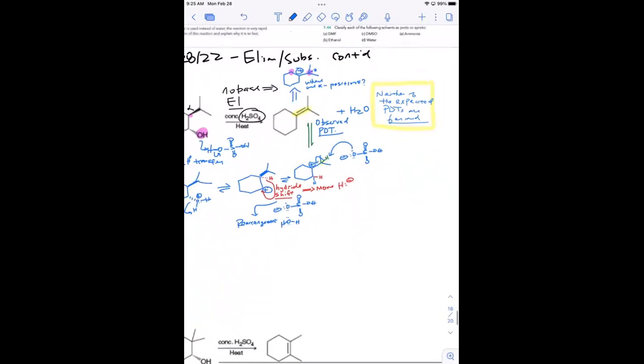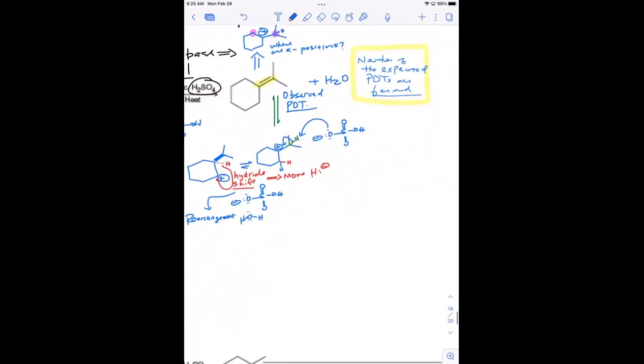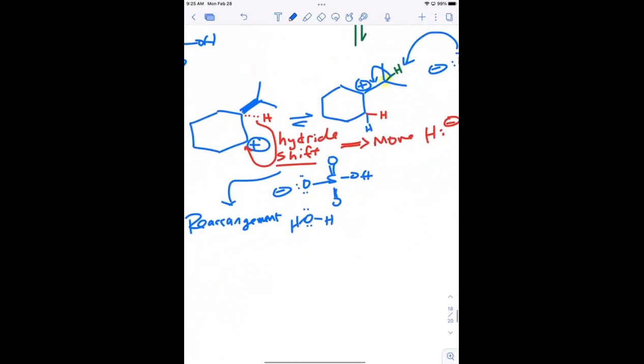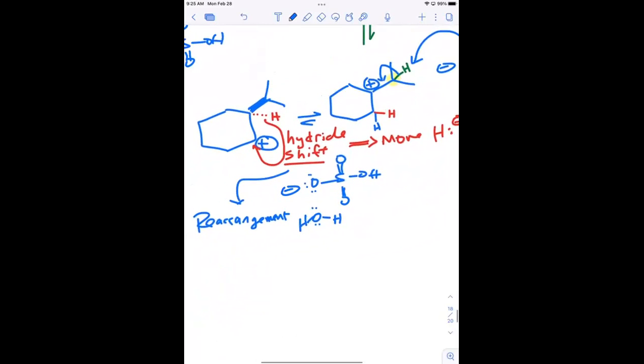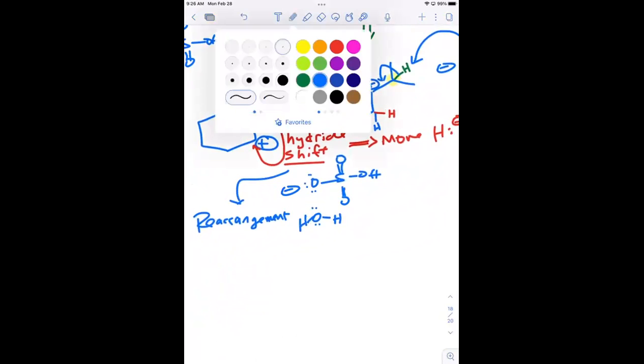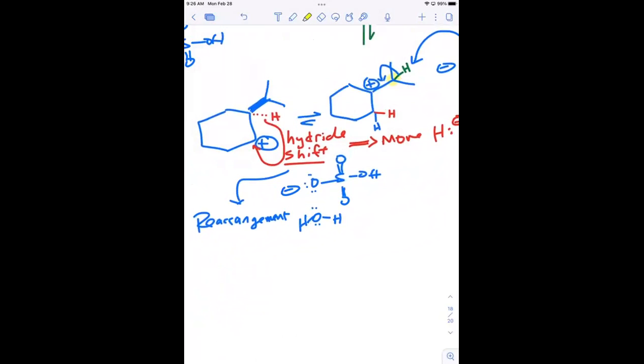So the expected product we don't see, but the observed product we see. Why do you think that hydride shift happened? Let's compare the carbocations. What type of carbocation is this one? This one.